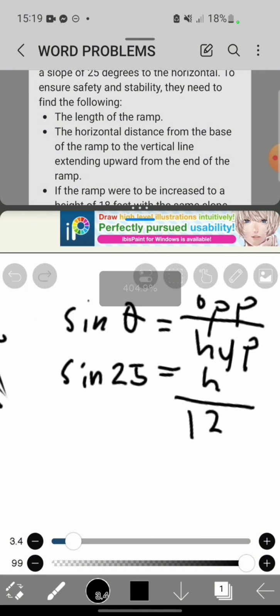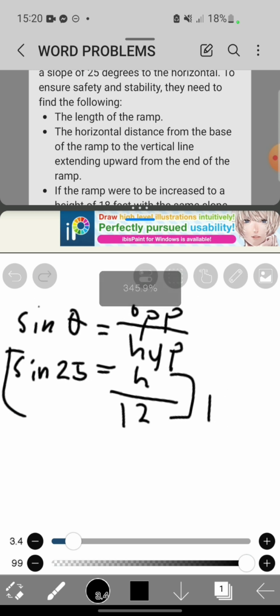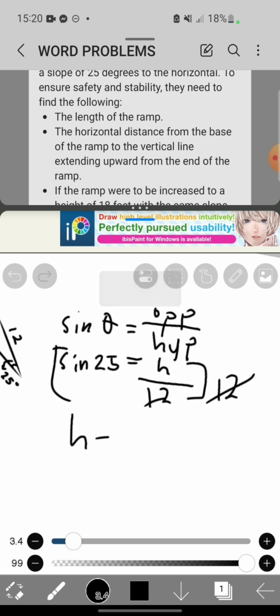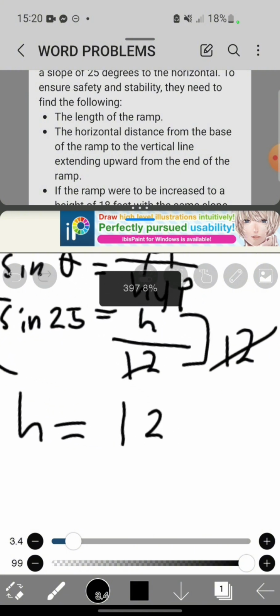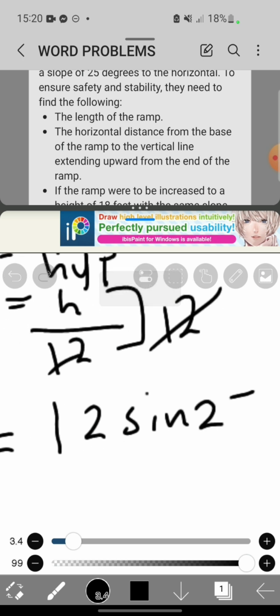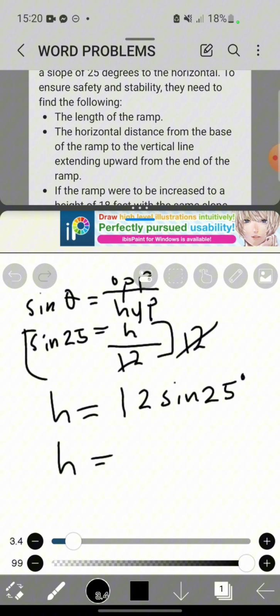So multiply both sides by 12, cancel, so it's equivalent to 12 sine 25 degrees. So just calculate in your calculator, 12 sine 25.